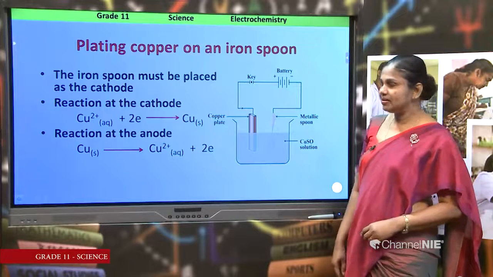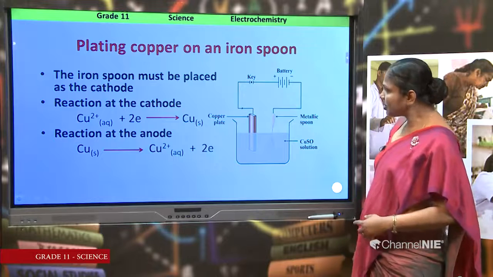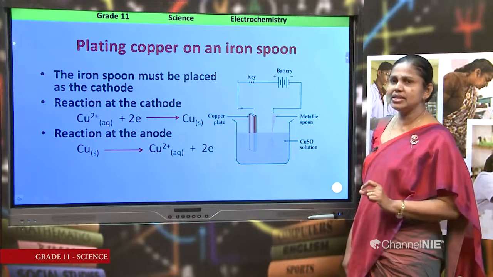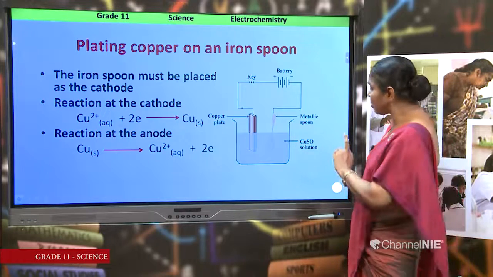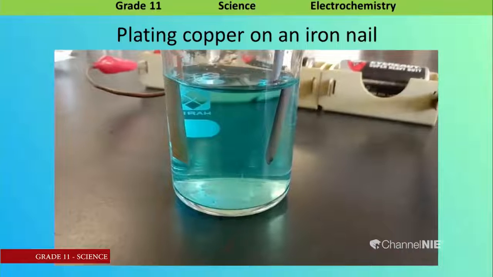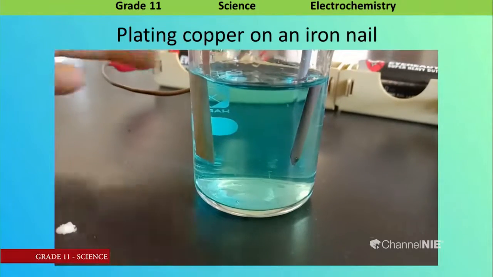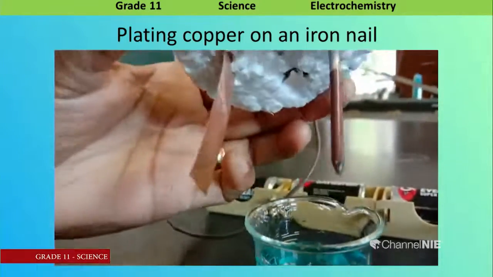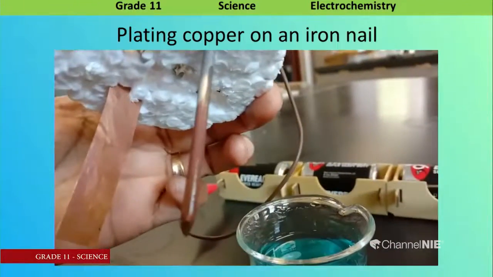Right, children, now I am going to show you how an iron nail is plated with copper metal. Here, as the two electrodes, I have taken an iron nail and a copper plate.